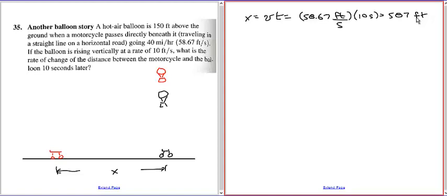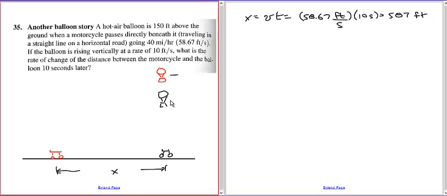And we can do the same thing for y, because the balloon is rising at a rate of 10 feet per second. So this distance here, we'll call that y. We're going to call this distance y, which is the total distance. So remember, this here is 150 feet. So the question is, how far does it travel here?